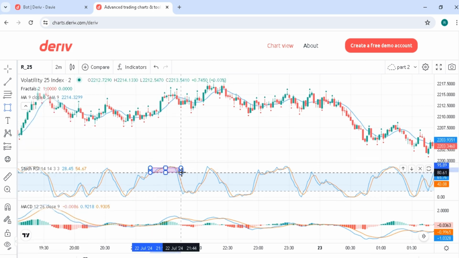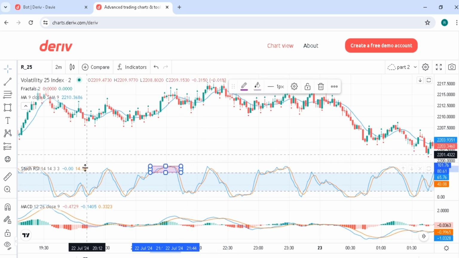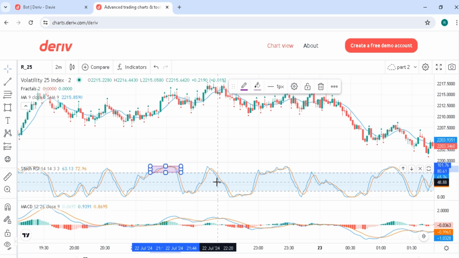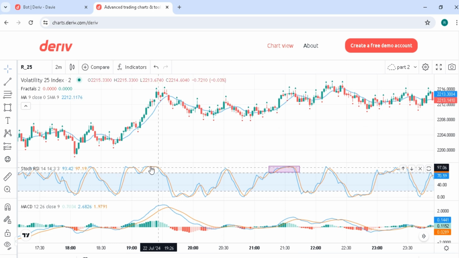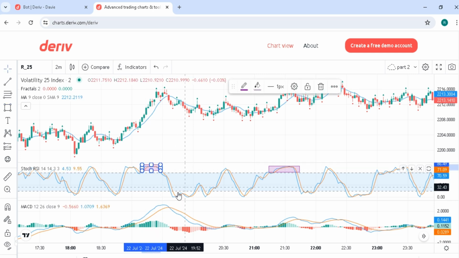See, a region like this, they have crossed, yes, but they have not clearly separated. You want to really avoid that. Another good example is this one. Crossed, yes, but separated not clearly.